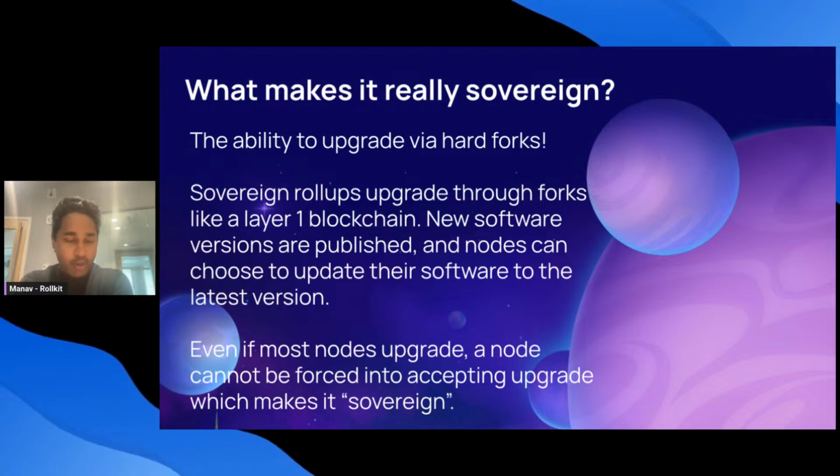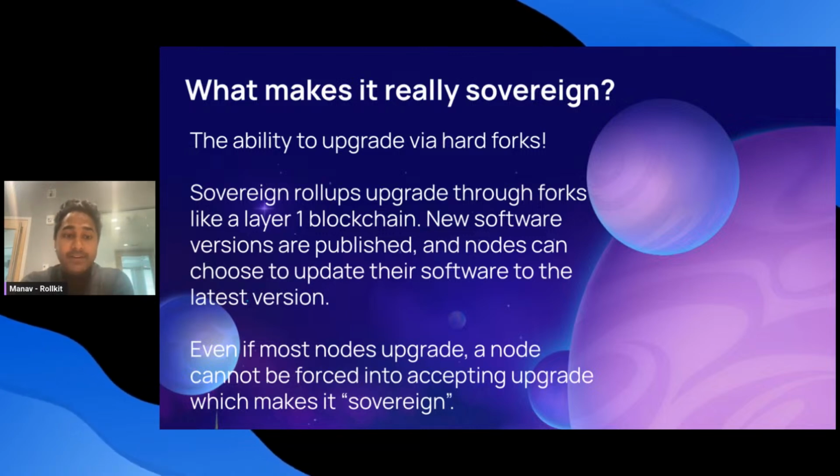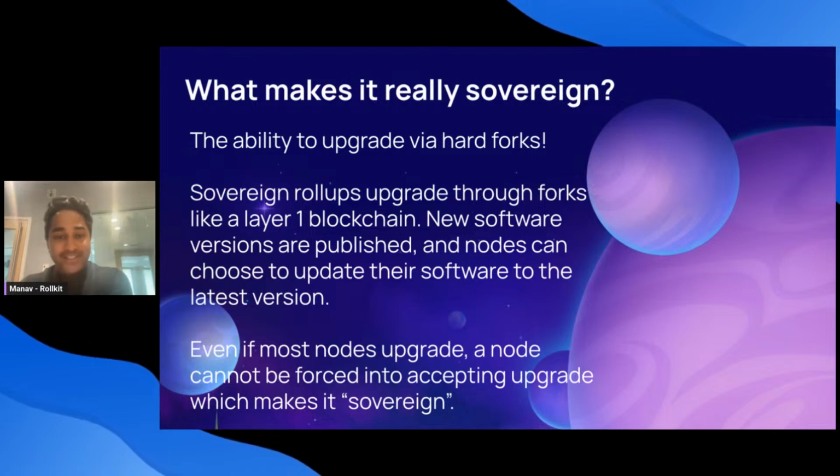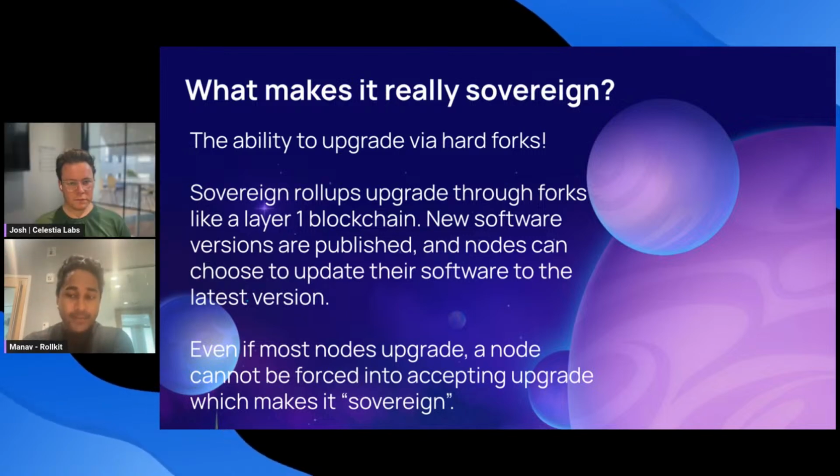But a sovereign rollup has the ability to upgrade via hard fork, just like a layer 1 blockchain. And even if most nodes upgrade, a node cannot be forced into accepting an upgrade, which is what makes it sovereign. The community, which defines a blockchain, is like a community computer, that's one definition.